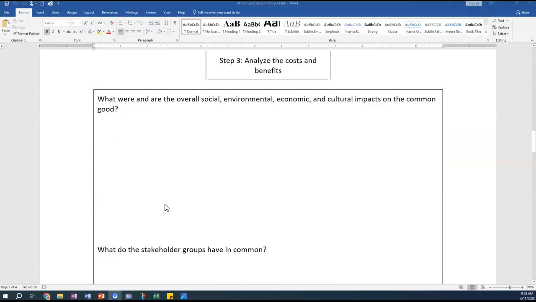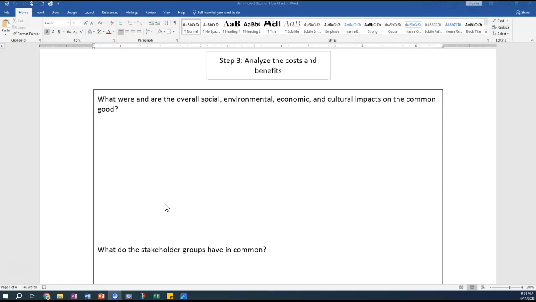Then we want to analyze the costs and the benefits. And again, costs, what's being lost by the decision we're making, and the benefits, what's being gained. Okay. So what were and are the overall social, environmental, economic, and cultural impacts on the common good?